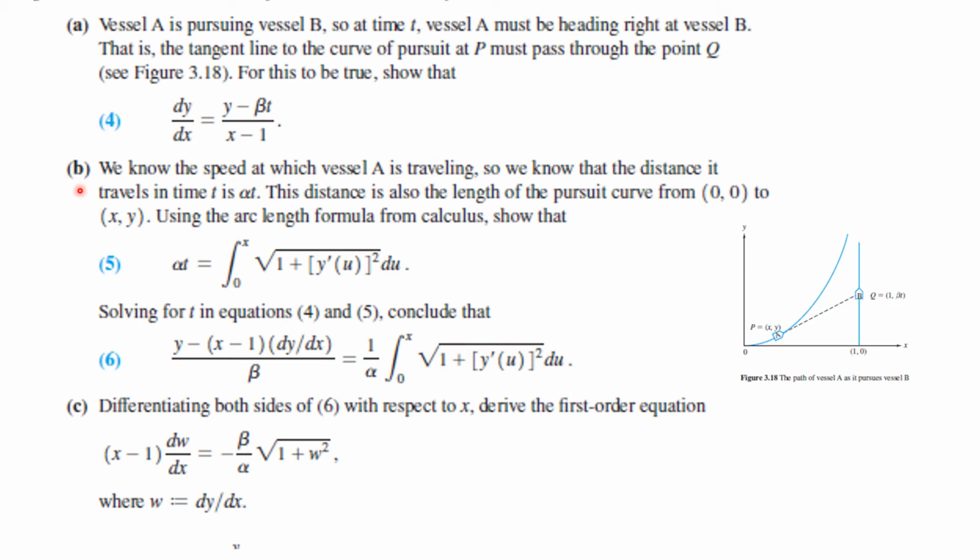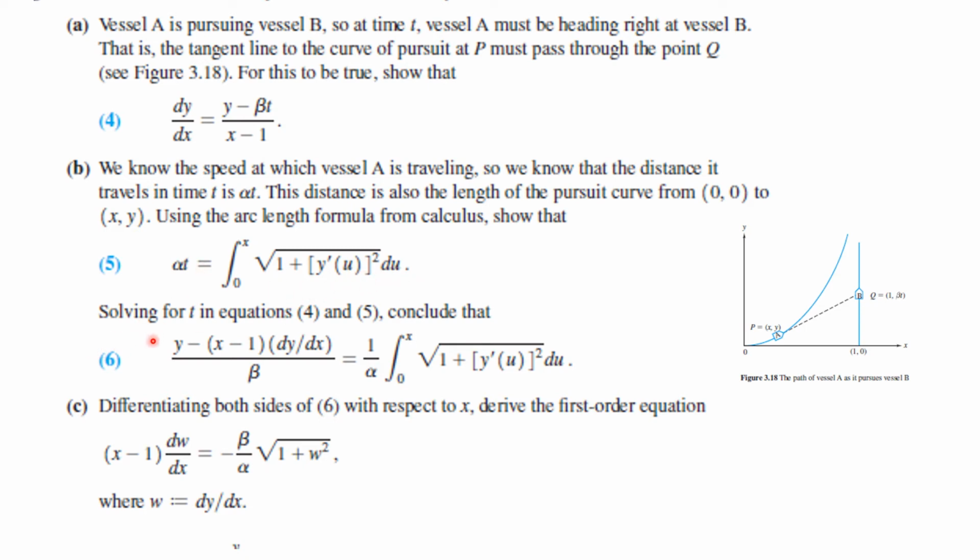Part B. We know the speed at which vessel A is traveling, so we know the distance it travels in time t is alpha t. Again, this is distance equals rate times time. The distance is also the length of the pursuit curve from (0, 0) to (x, y). Use the arc length formula from your calculus. You want to show that alpha t is equal to the integral from 0 to x, you see your variable is up here, of the square root of 1 plus (y prime of u) squared, under the square root, du.